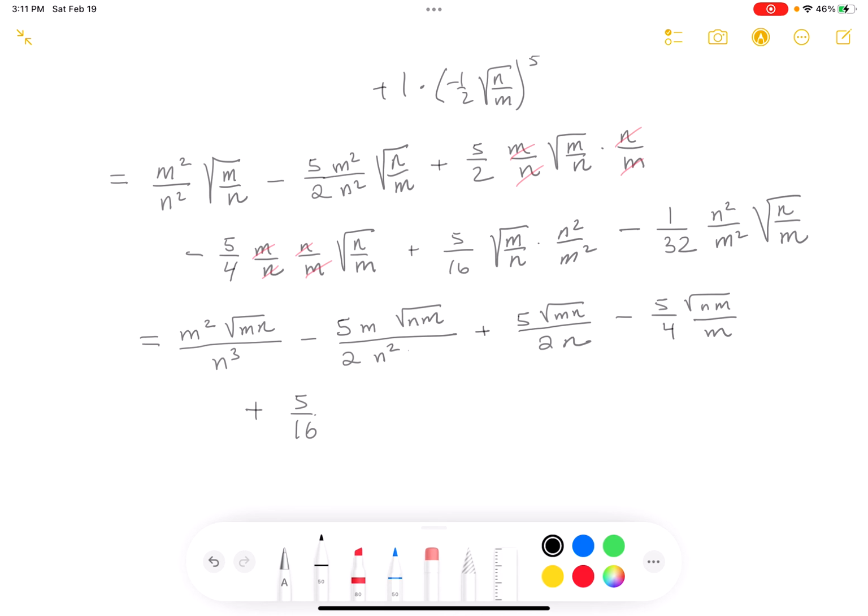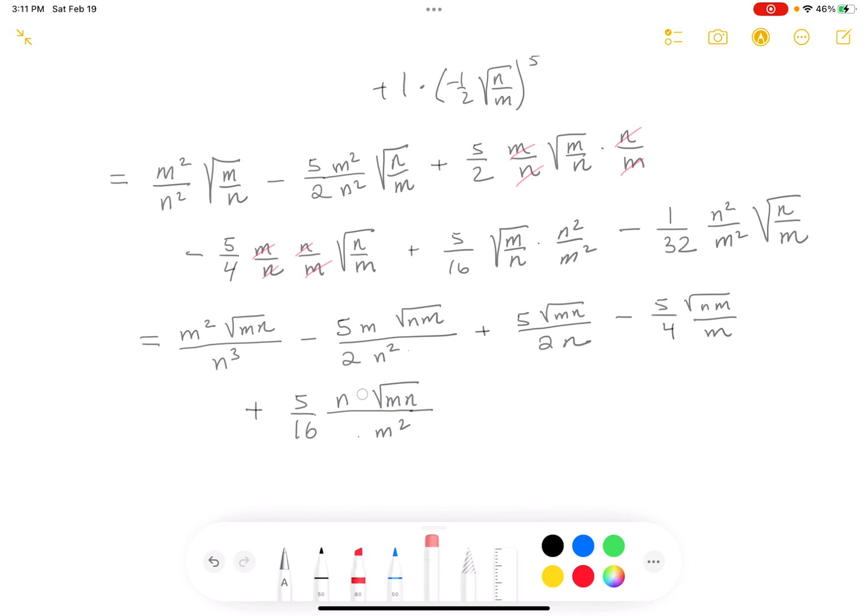Well, let's put this fraction down now. N squared, the root of mn, then you get n m squared. What happens? Well, there's a cancellation. So let me do that for you.